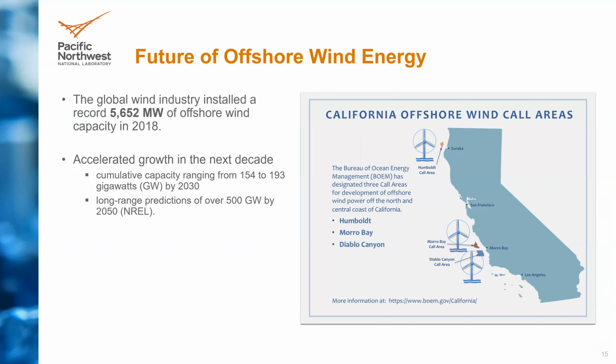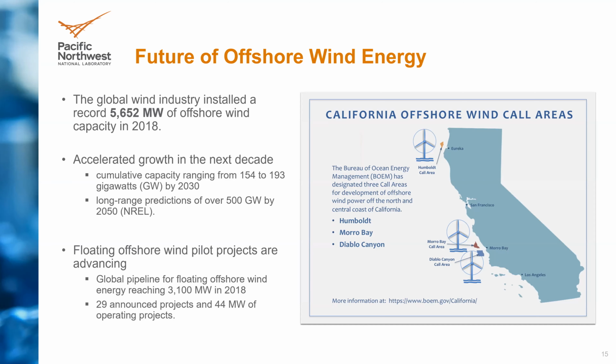What we foresee is accelerated growth in the next decade, where it's going to change from about 154 gigawatts to 193 gigawatts by 2030, and much longer-range predictions for 2050 are about 500 gigawatts of offshore wind energy, which is really interesting. Especially in places like California, where you have very deep bathymetry, floating offshore wind pilot projects are advancing quite a bit.